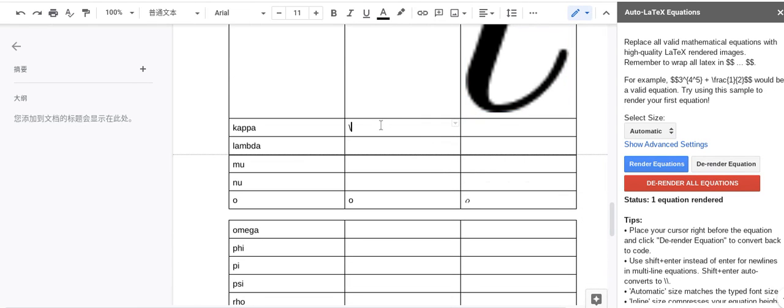And then kappa. Basically, it's just like the previous two. You add the dollar sign before it and after it.